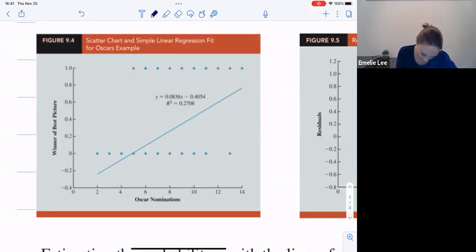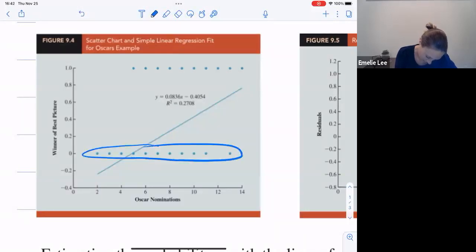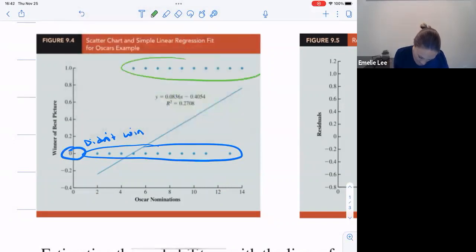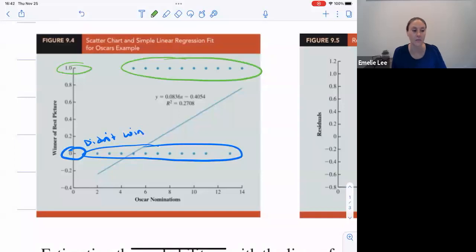Because this group didn't win. They had some number of Oscar nominations, so that's great. But only this group won, with an outcome of 1, I guess not really a probability. So these guys won. Whee!